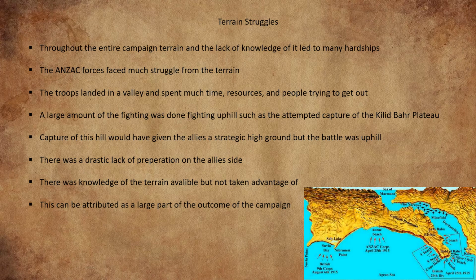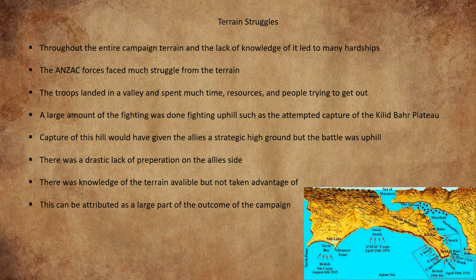They ended up having to push up that hill, the large hill with the forts on it, and fight an uphill battle to try and just reach their initial drop-in point, which was south down the coast. They had to push through there and try to reach up with the other forces, which were also trying to push through the defenses to meet up and take control of the key points.